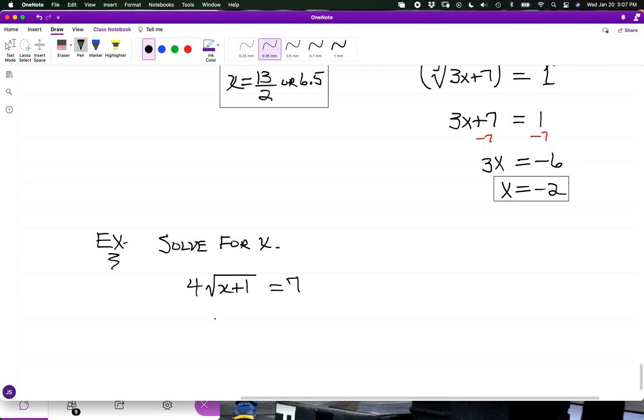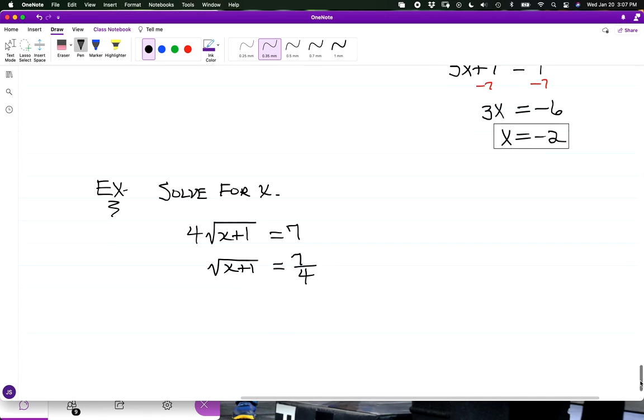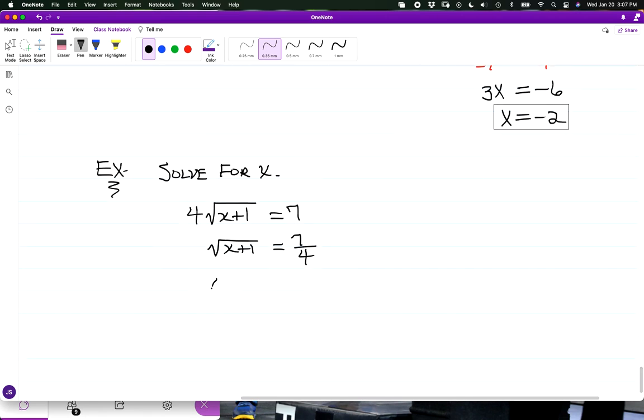What I can do here, I can isolate the radical upon dividing both sides by 4. Okay, so I had the square root of an expression going to positive 7/4. So we're going to have at least one solution for x. So I can take care of the radical upon squaring both sides.